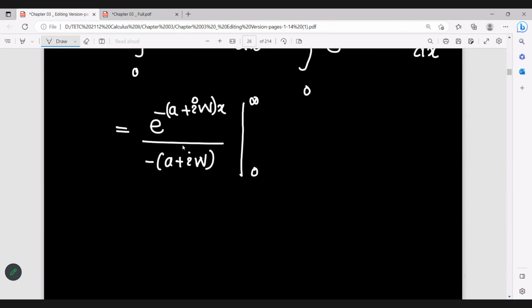So if we substitute infinity, e to the power minus infinity goes to 0. So the first term is 0.